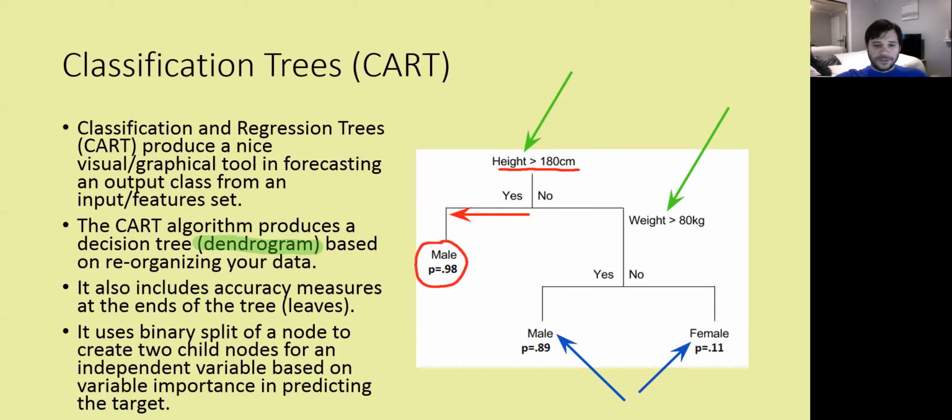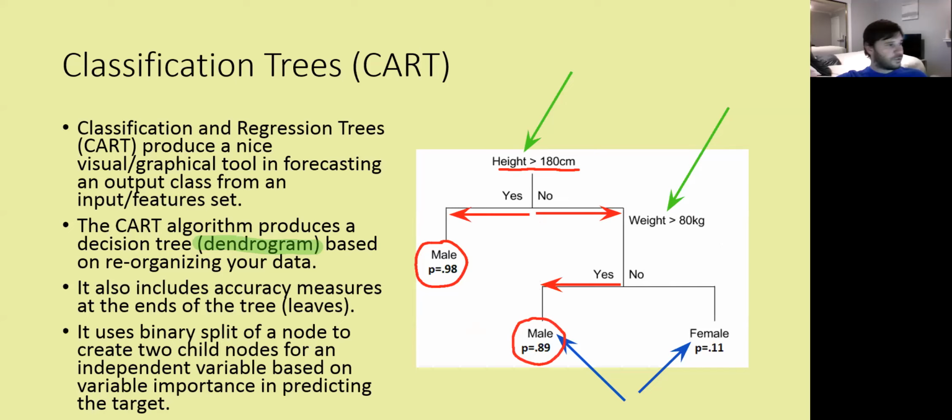Otherwise, if you answer no, then we go to the next important variable, which is weight. And then we ask, well, are you sufficiently heavy? You're not tall, but are you sufficiently heavy? And if the answer again is yes, then based on this data, you will be a male with 89% probability.